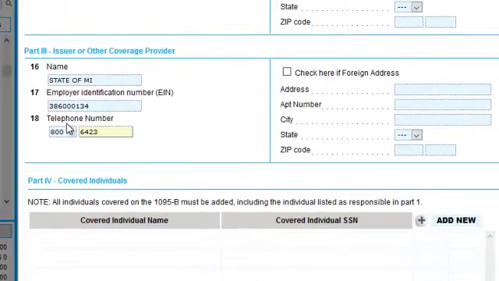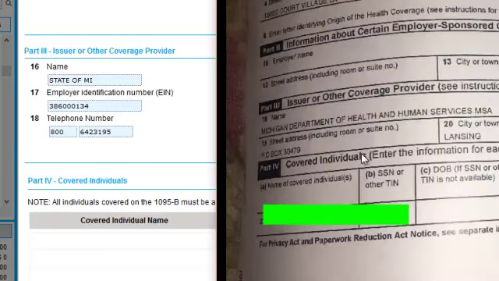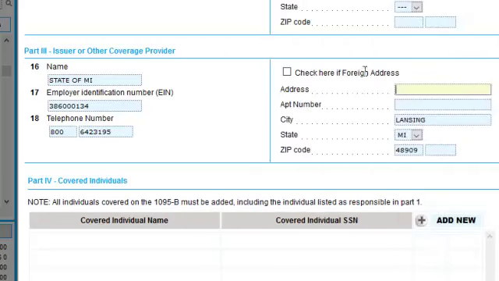The address, you got what that was. I know the zip code is 48909, and populate that city for us, and we need that address, so let's look at that. Post office box 3749.